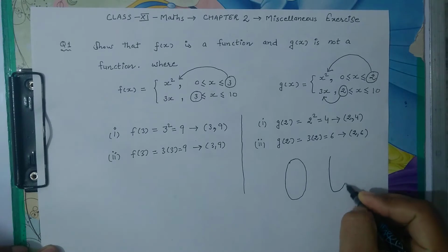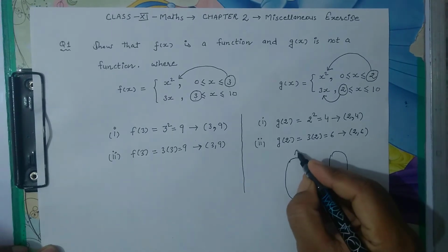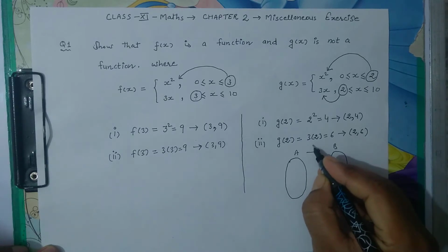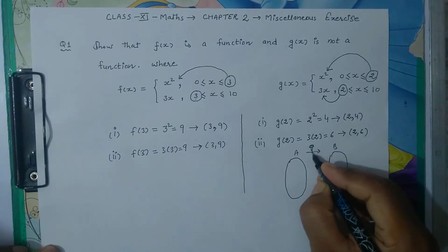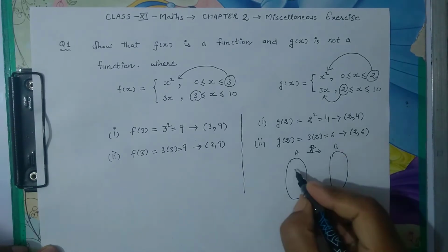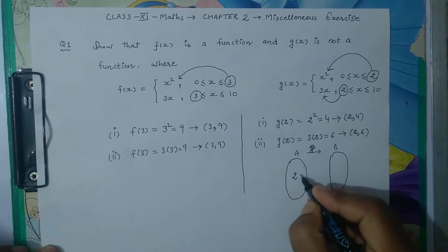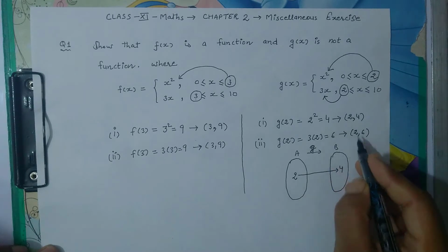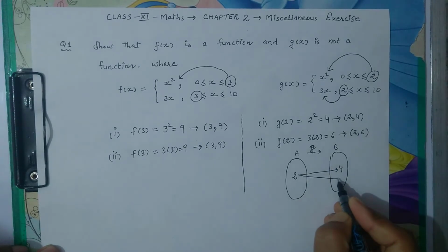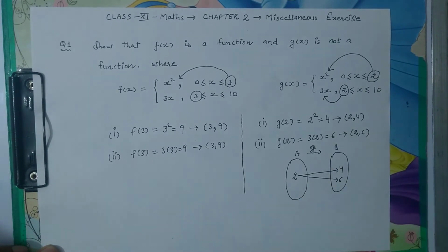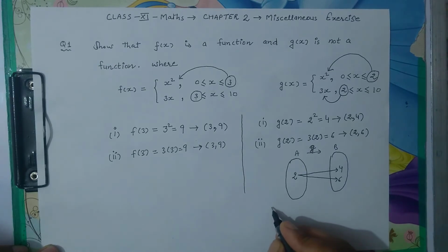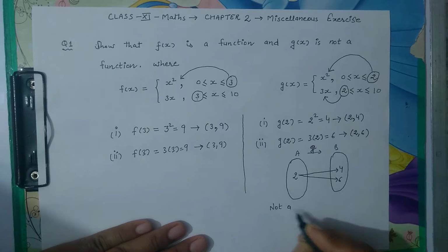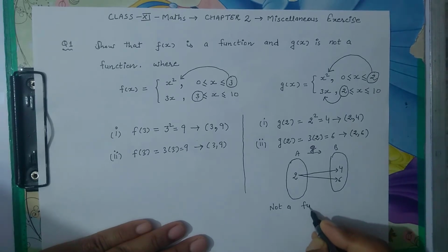So what we can say here, the two sets, set A, set B, and this is mapping G. This is 2, its image is 4. In second pair 2, image is 6. So this is not a function.